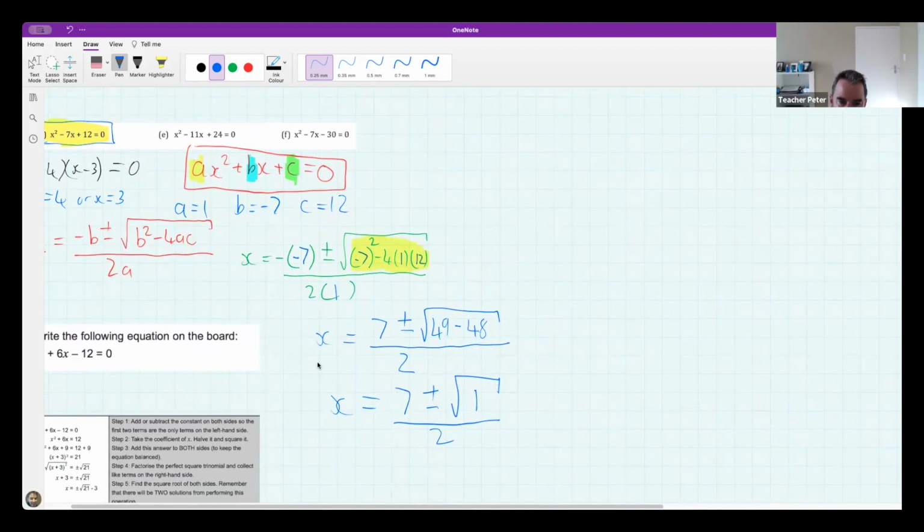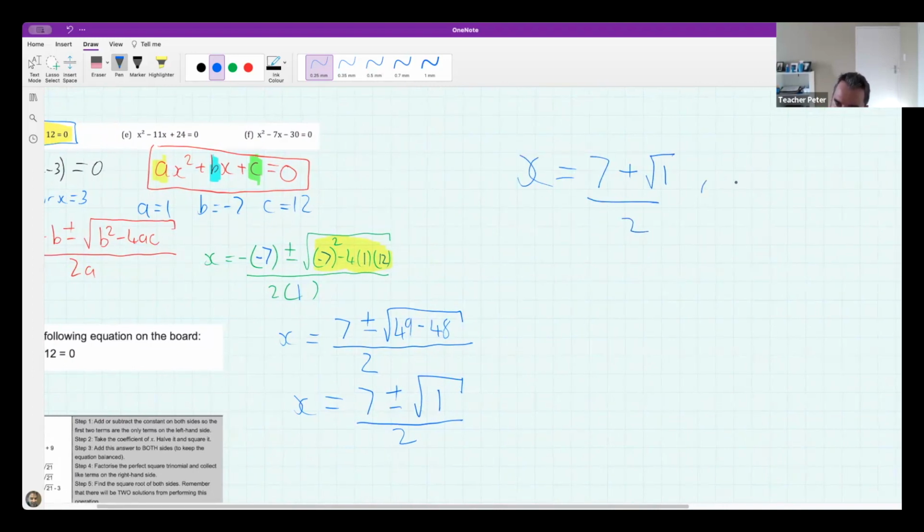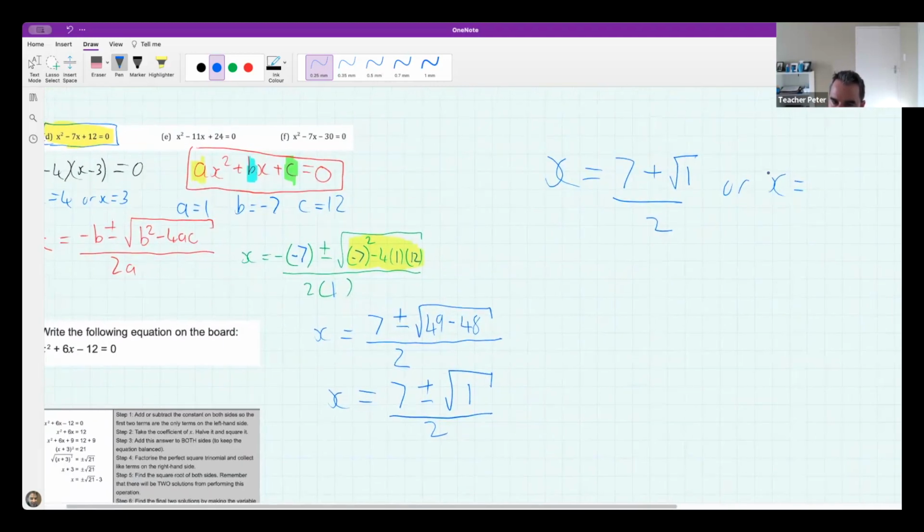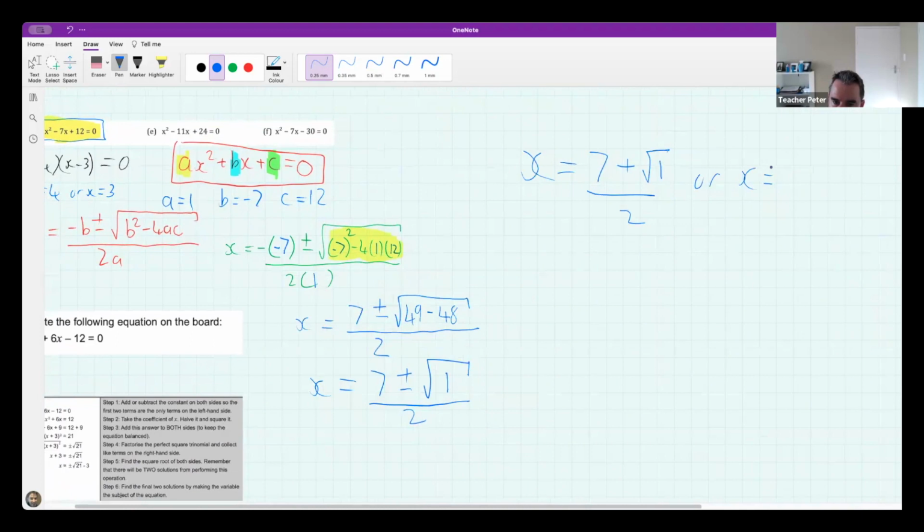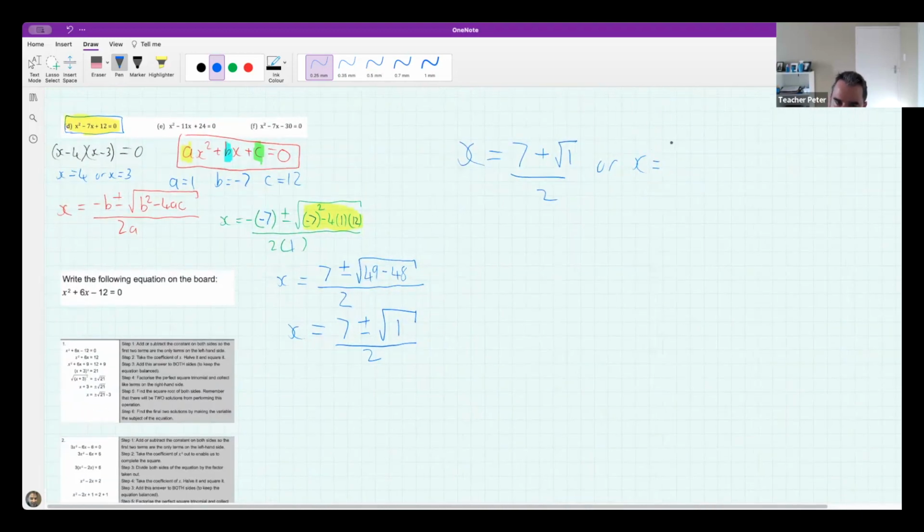All right, but I still need to get my final answer here. So 7 plus square root 1 over 2 is the one answer, or x is, oh sorry, that was a bit much, I think I'm zooming around too much here. X is 7 minus square root 1 over 2.